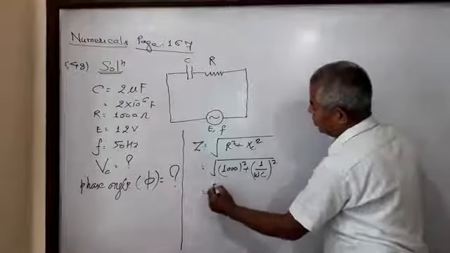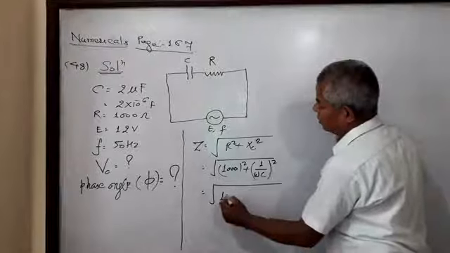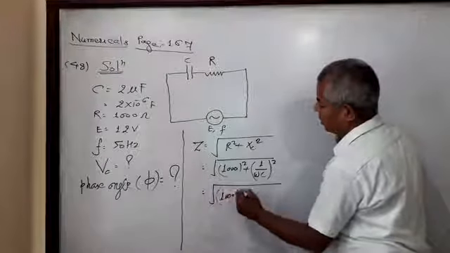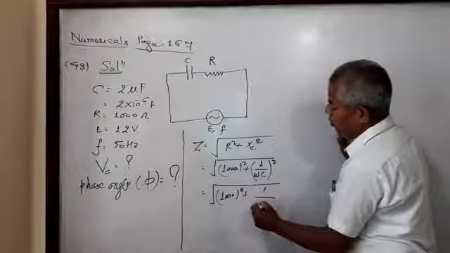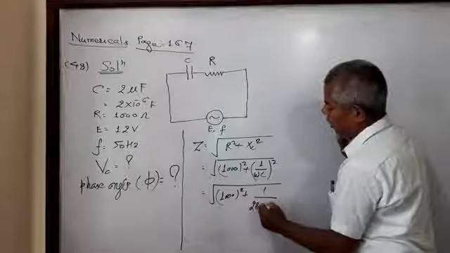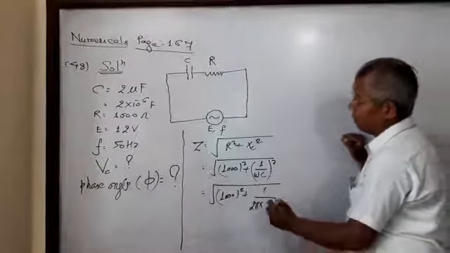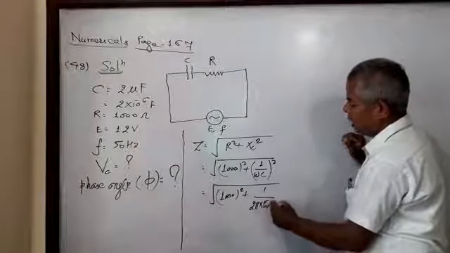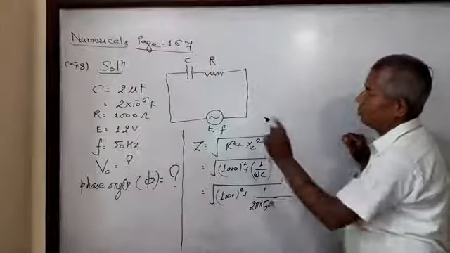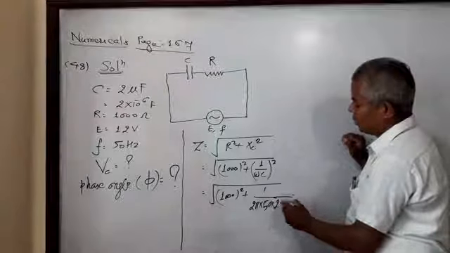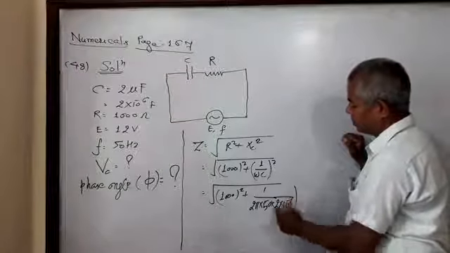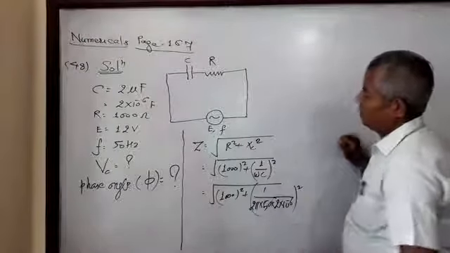It is equal to root under 1000 whole square plus 1 by 2 into pi into f, where f has value 50 and C has value 2 into 10 to the power minus 6, whole square.